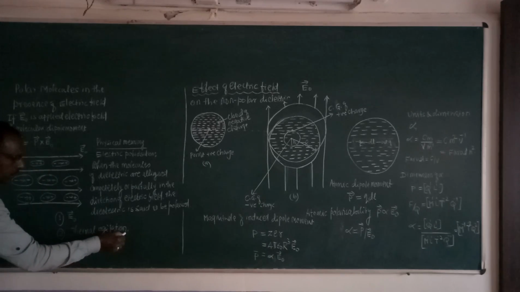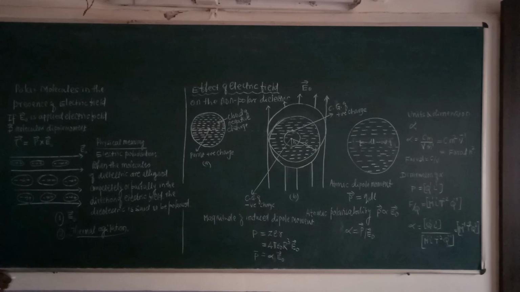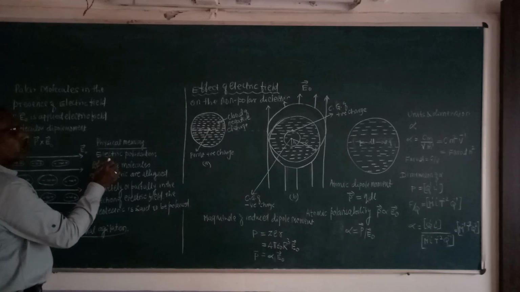So the smaller the temperature, the greater the alignment. At lower temperature, the alignment of dipole moment or polarization is better. So, depending upon these two factors, electric field strength and thermal agitation, we calculate the polarizability, the electric polarization.